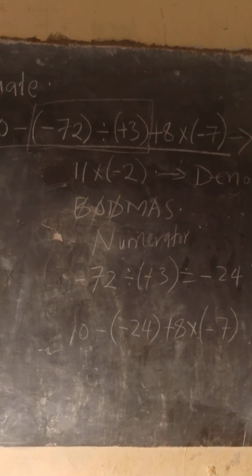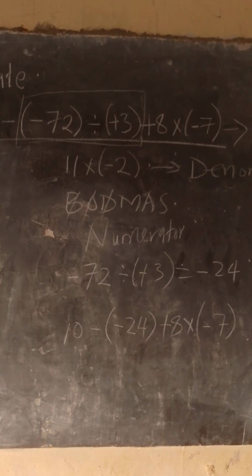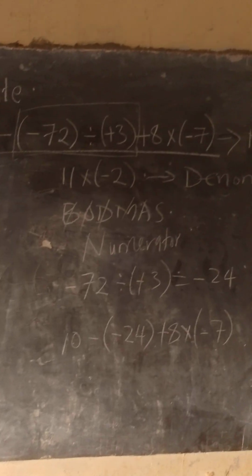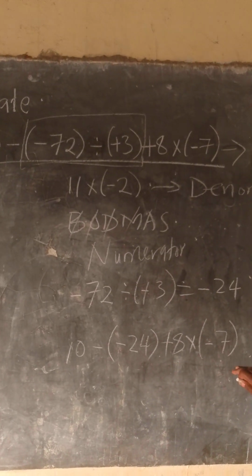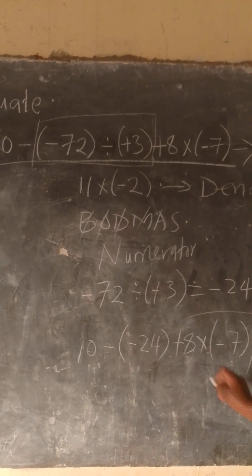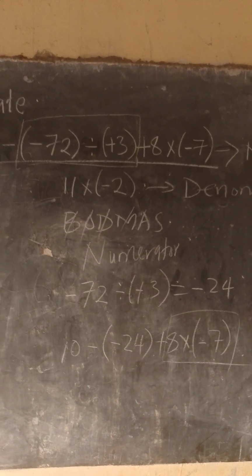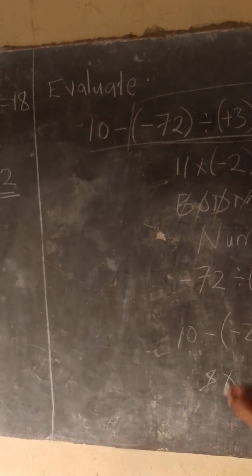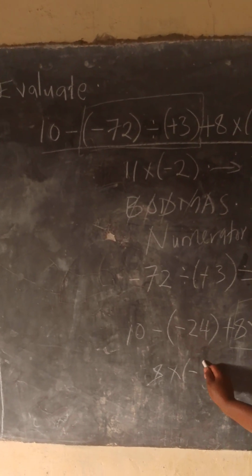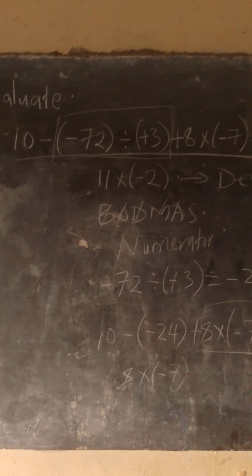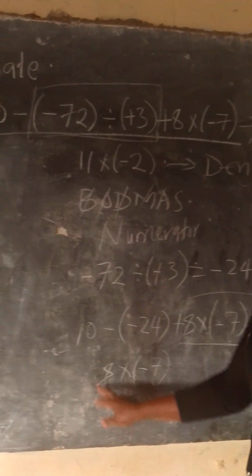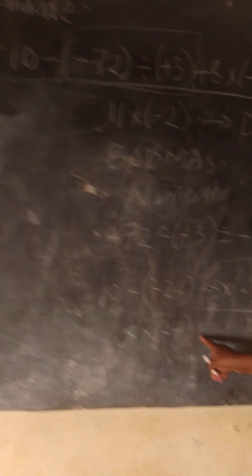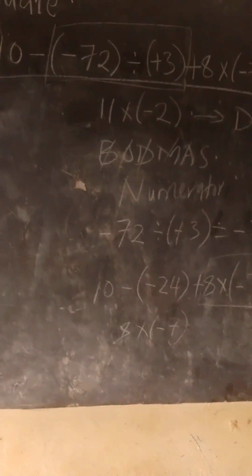What else do we have? From division we go to multiplication. Bringing down the multiplication, we have 8 times negative 7. A positive integer multiplied by a negative integer, we expect the answer to be negative.